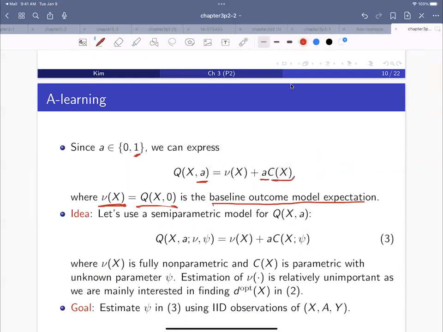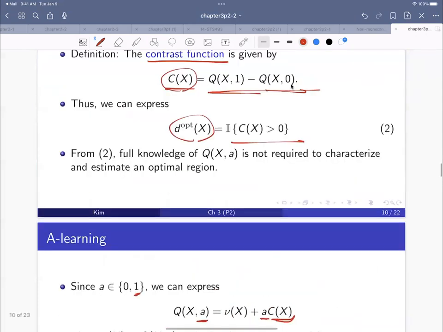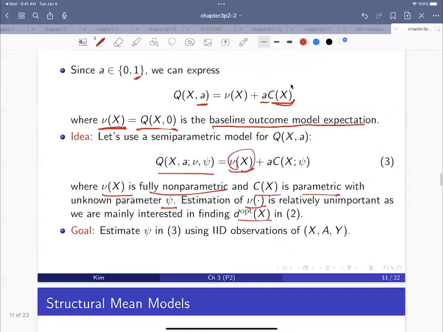this is basically what we are interested in, in terms of finding the optimal regime. So let's use a semi-parametric model of this form, where nu is fully non-parametric and C(X) is parametric with the unknown parameter psi. The point is that this nu, the non-parametric component, is relatively unimportant, as we are mainly interested in estimating C(X), the contrast function.